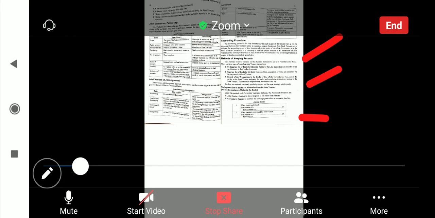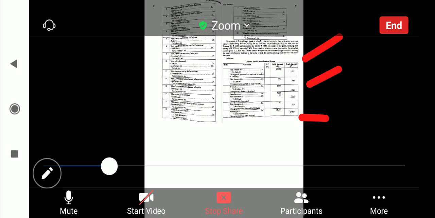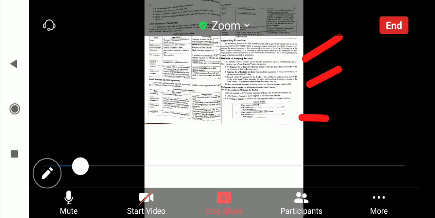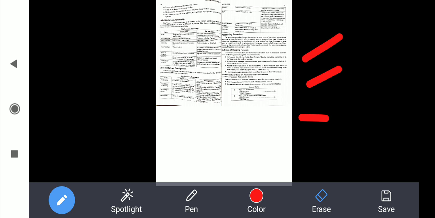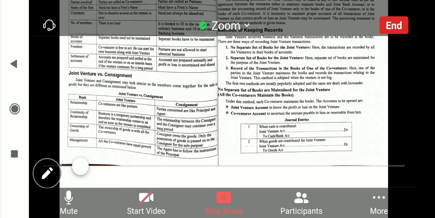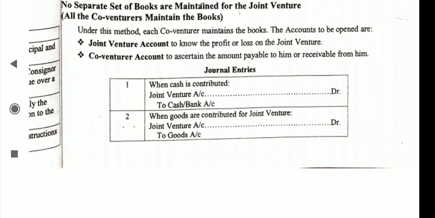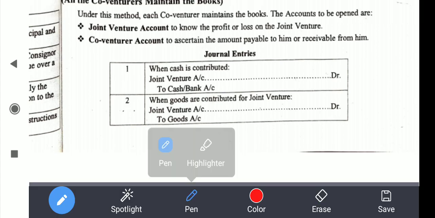Okay, these are the general entries. Please take the screenshot of this general entry.